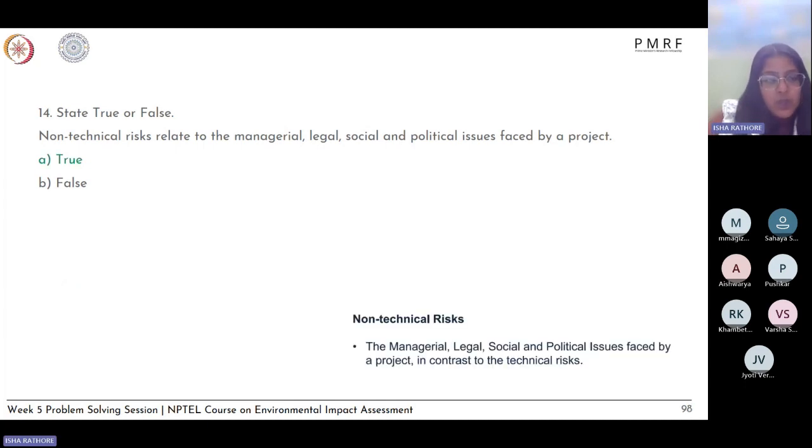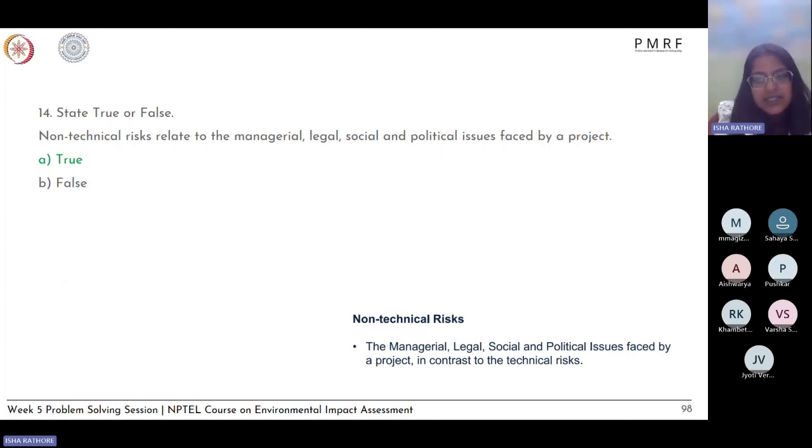Non-technical risks are basically the managerial, legal, social, and political issues which a project faces, in contrast to technical risks, which include construction delays or materials not meeting the deadline or coming on time, the development management plan facing time issues, or certain failures of structural members and things like that.